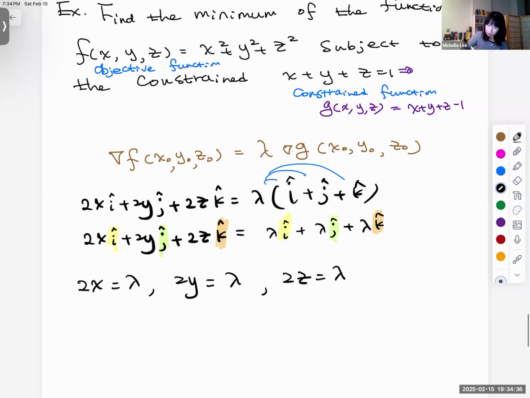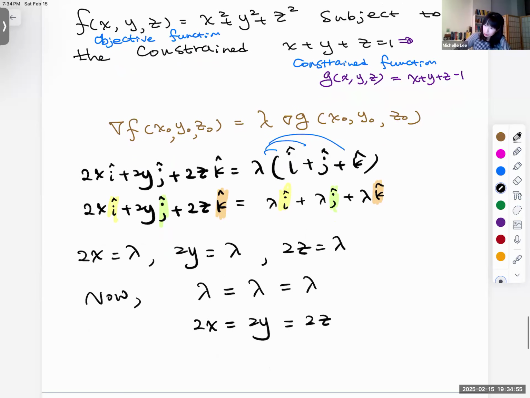The first lambda equals 2x, the second 2y, the third 2z. Let's divide by 2. So we have x equal to y equal to z.